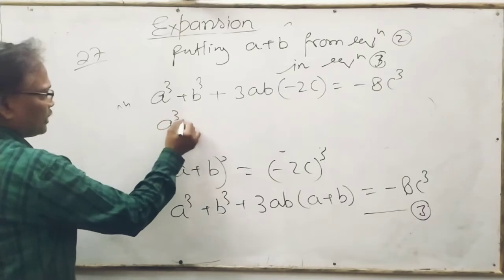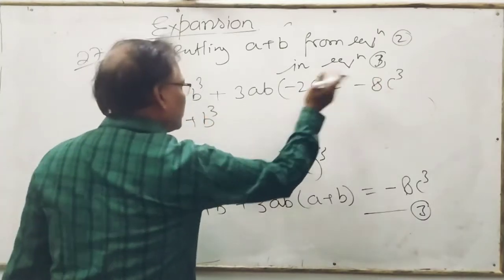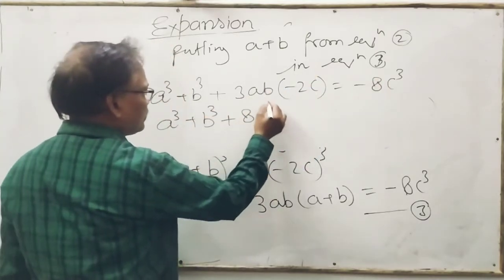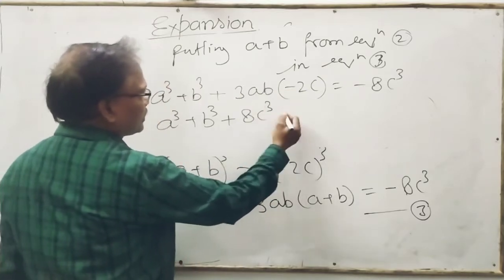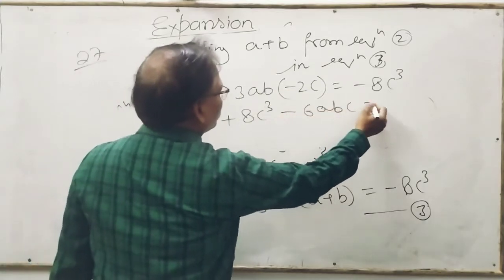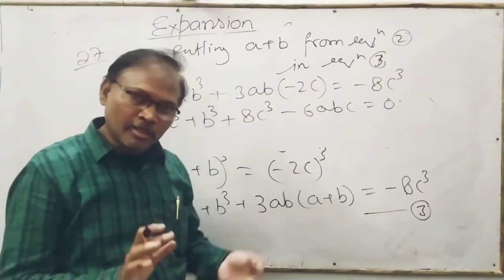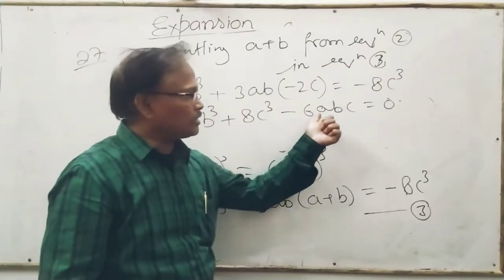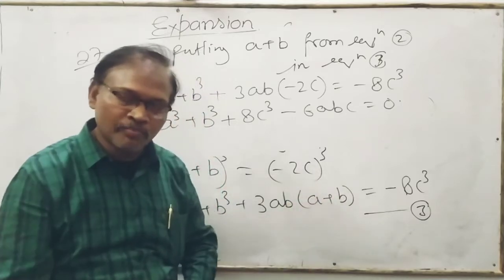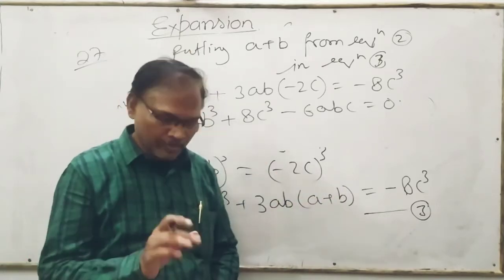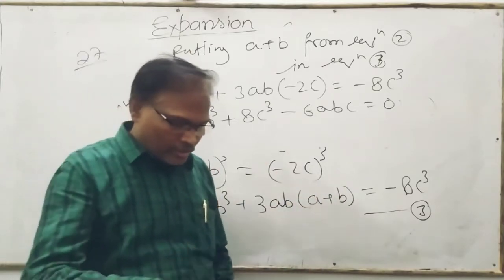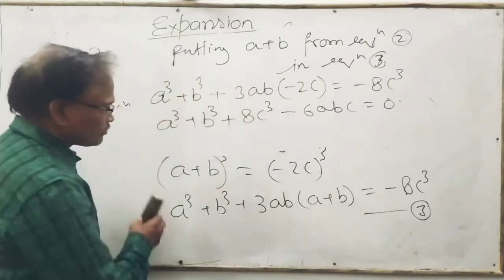So what you will get? a cube plus b cube, this minus 8c cube, this is minus 6abc is equal to 0. Is this correct? If we take minus 6abc to the other side, you will get the same. So this is the proof. Okay. By this way you can get the answer.